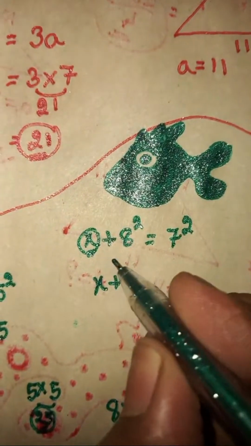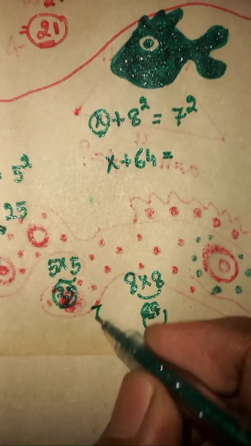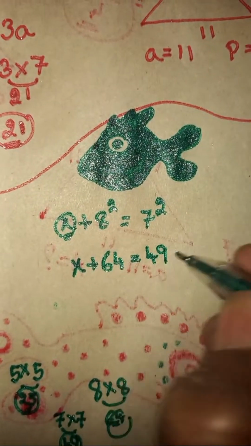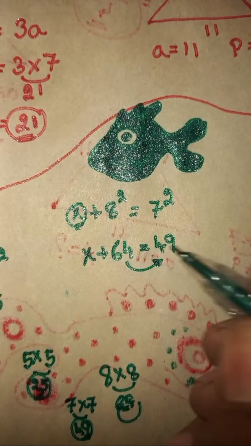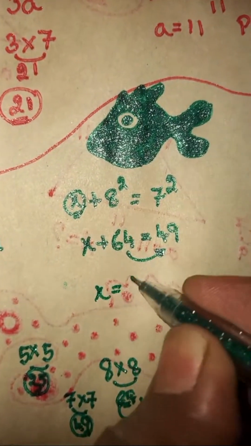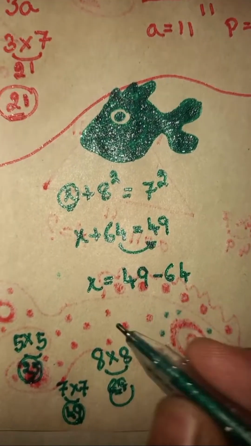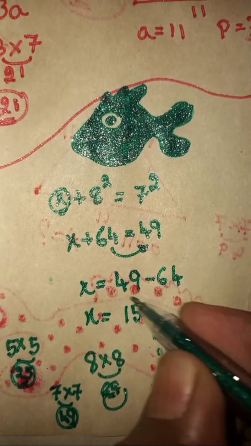So this becomes 8 square become 64, and 7 square, 7 times of 7, which becomes 49. So right here 49, and send the 64 this side, plus 64 becomes minus 64. So it is 49 minus 64. You're going to get x as equal to this one 14 15.